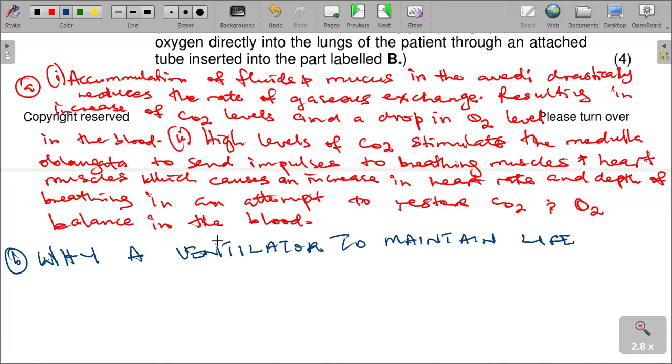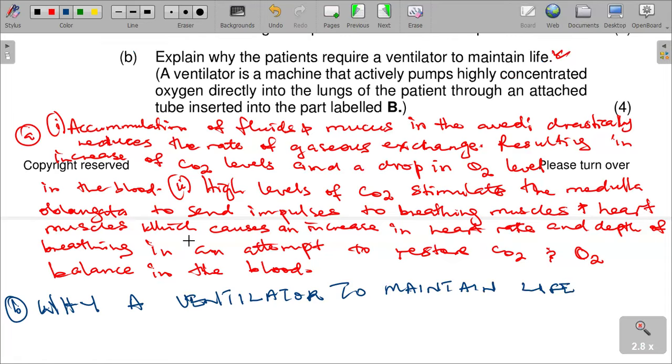That's the question. So a ventilator is a machine that actively pumps highly concentrated oxygen directly into the lungs of the patient through a tube attached to the trachea. That is the part labeled B there.